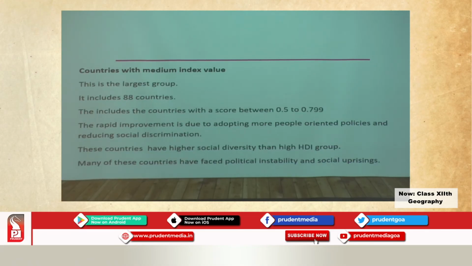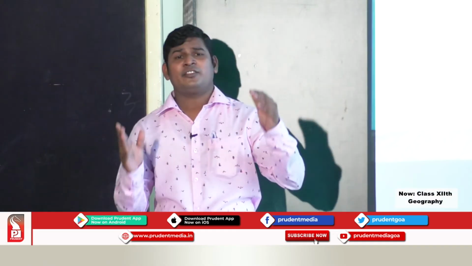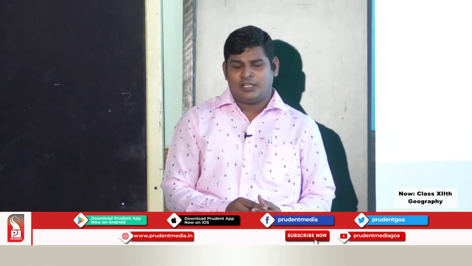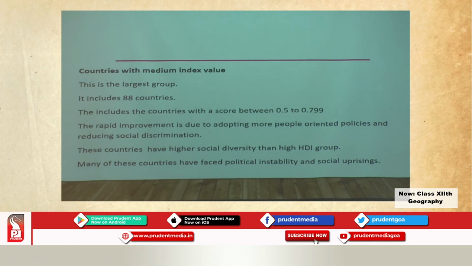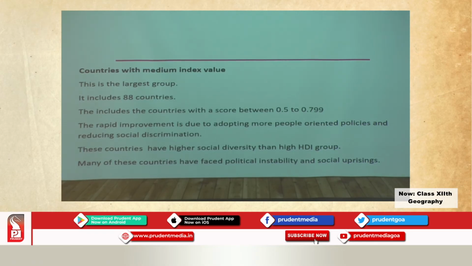Next, we will go to the next category, countries with medium human development index. Now, which countries fall in this category? The countries whose score is between 0.5 to 0.799. All these countries are put in the category of countries with medium human development index.